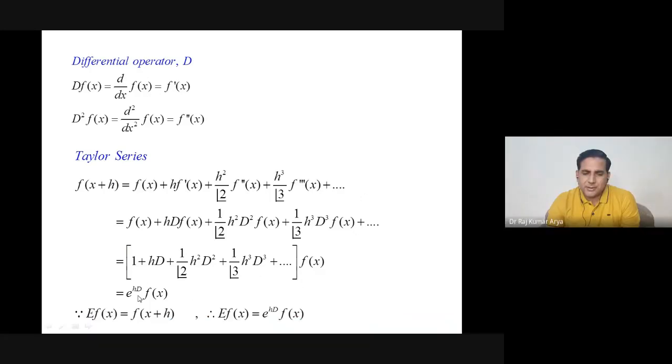Now you also have your shift operator, the shift operator E of f(x) equal to f(x plus h). So this is the expression for f(x plus h) from the Taylor series expansion, which you got here as e to the hD f(x), so you can substitute here.